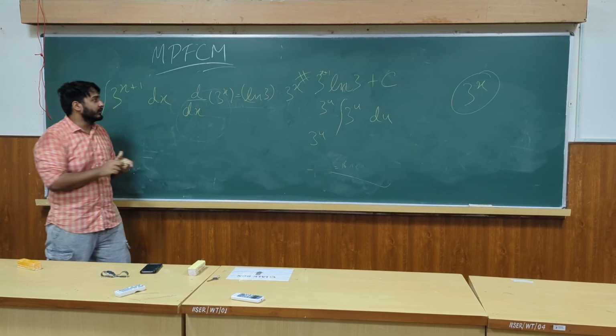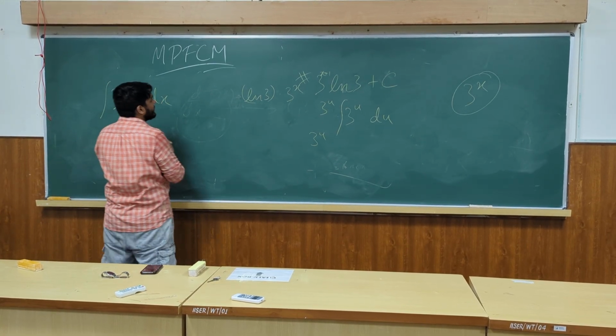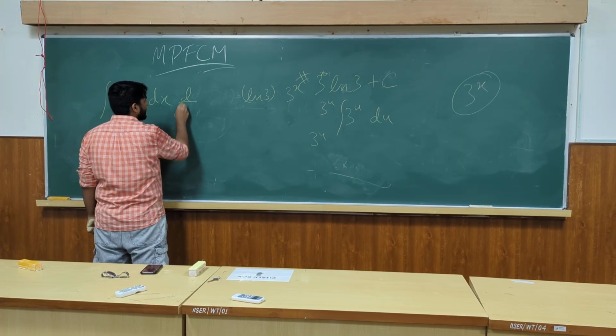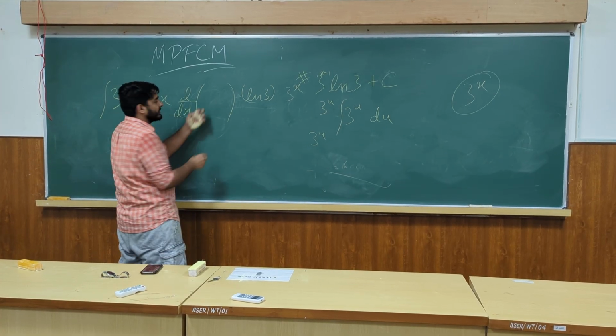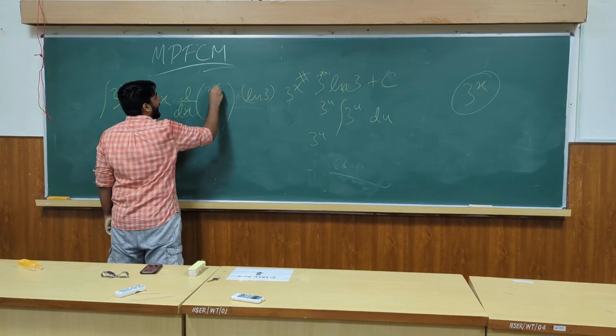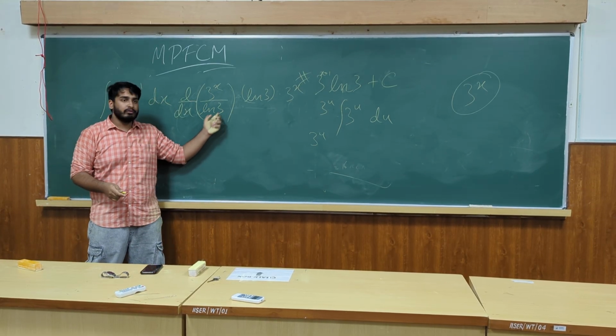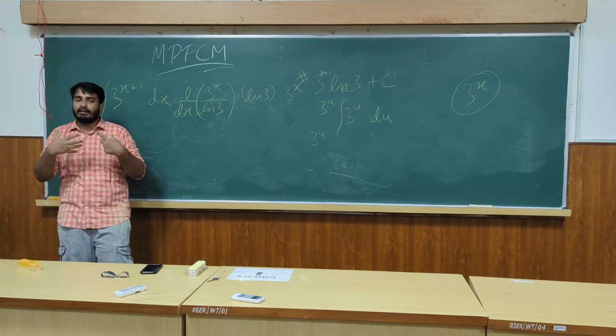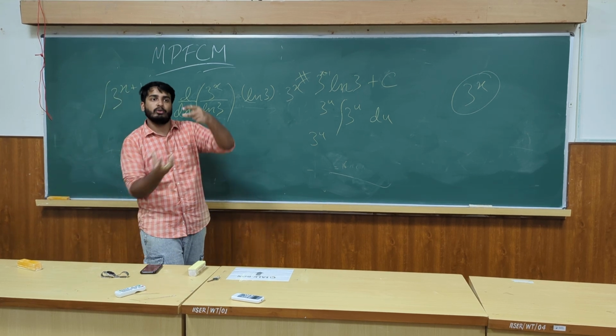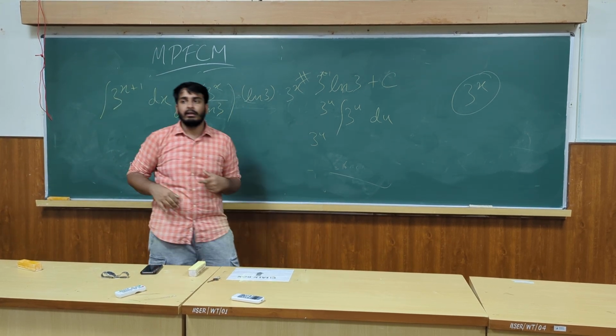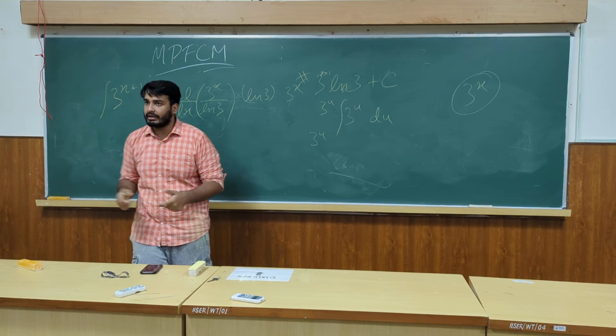So I'm going to change my original expression, and rather than 3 raised to the x, I'll divide that by a constant. Natural log of 3 is a constant. All it means is that a number, when I raise e to that number, I get 3. So that happens to be a constant number, right?